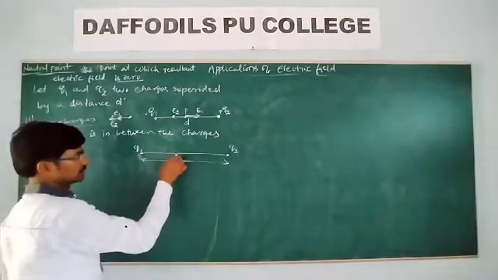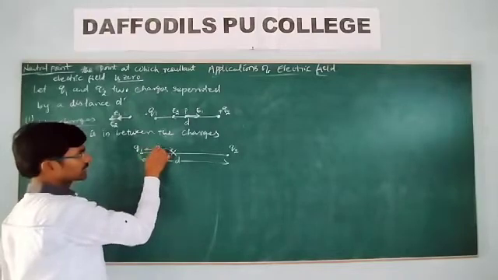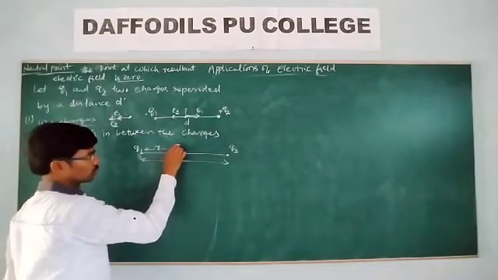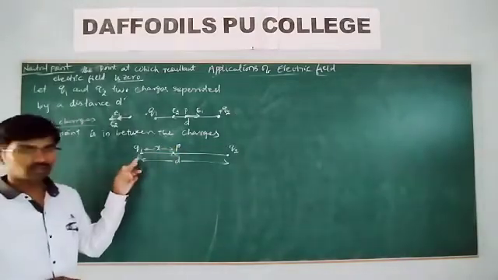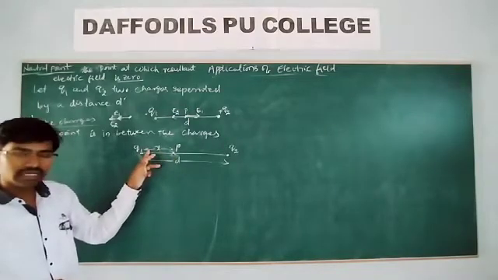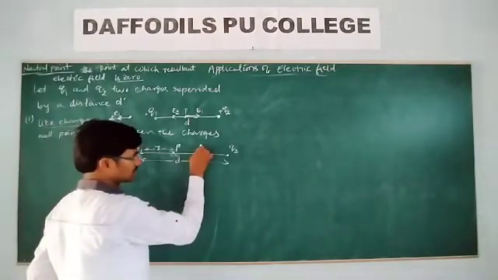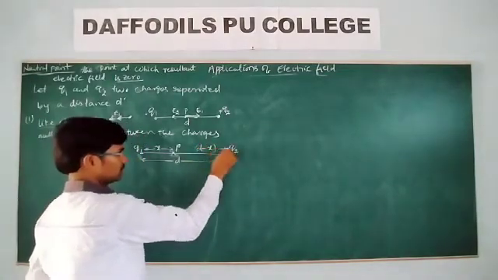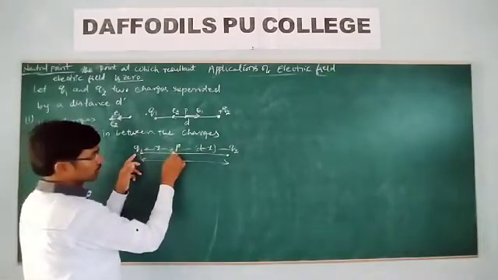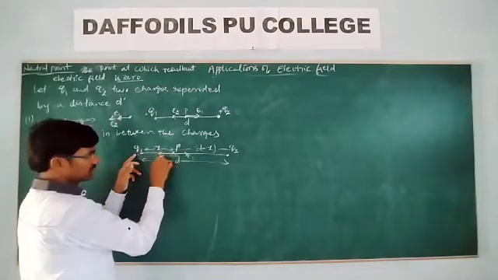Now, let the electric field be zero at a distance x from the charge Q1, at a point P. Then what is the remaining distance here? D minus x. Okay. Now, due to Q1, this is the direction of the electric field. Due to Q2, this is the direction of the electric field.